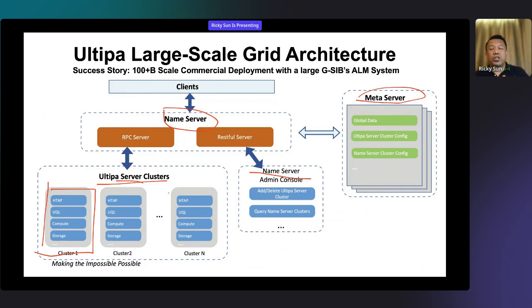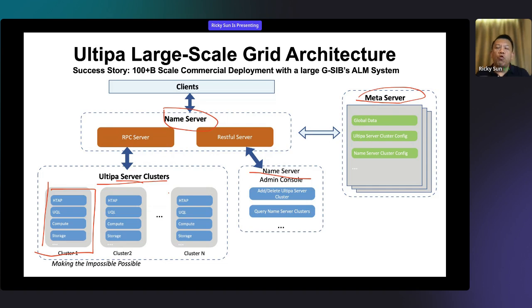They each have storage and compute capacities. A lot of processing can be done locally within that cluster. But of course, the name server will function like a map reducer, distributing workloads to different clusters. Minimum traffic will be actually processed over each cluster and merged back to the name server.